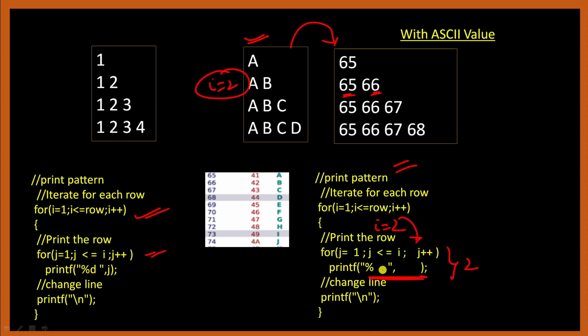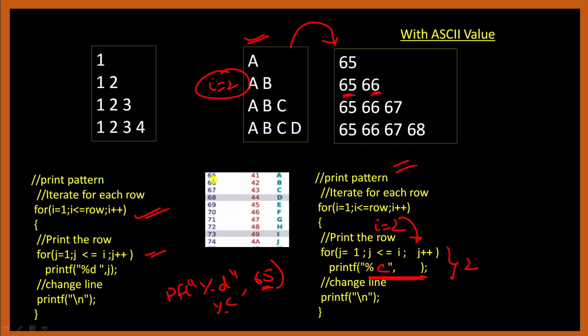Finally we have to print with percent c, that is characters. Now you know that if 65 is there and we use percent d, then 65 will be printed. But if I use percent c, then the character corresponding to this integer value will be printed.